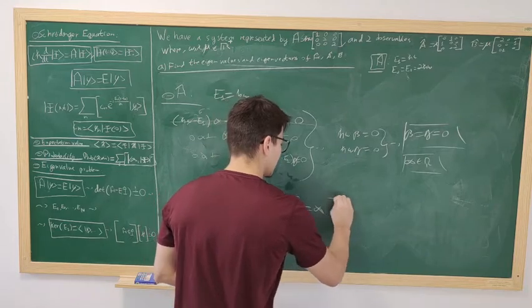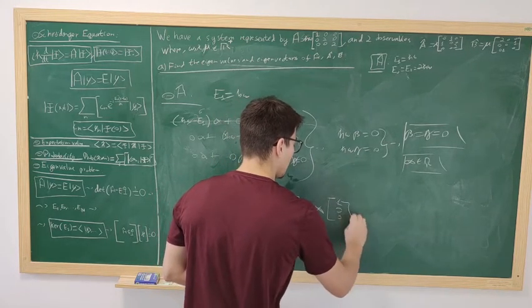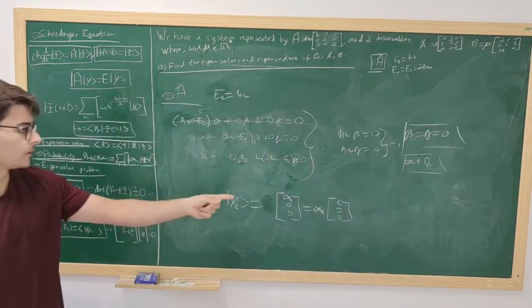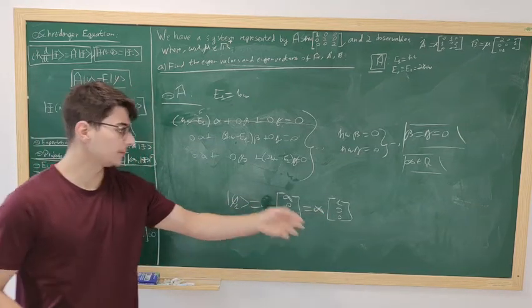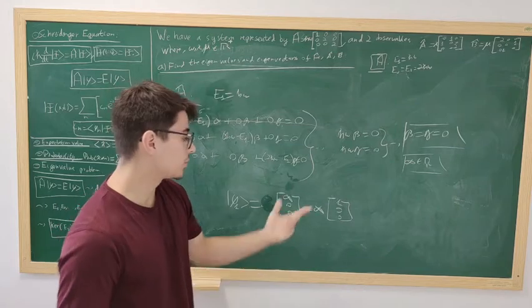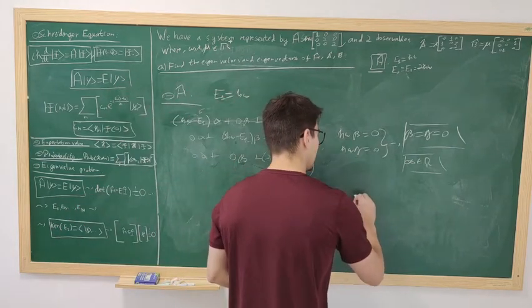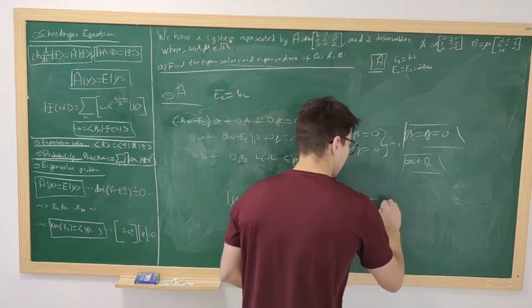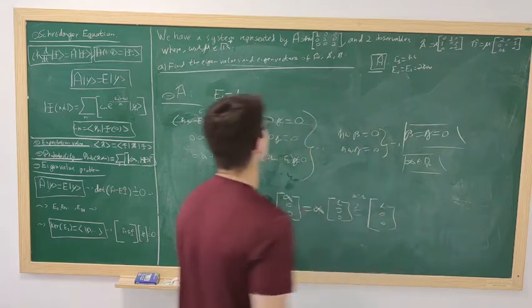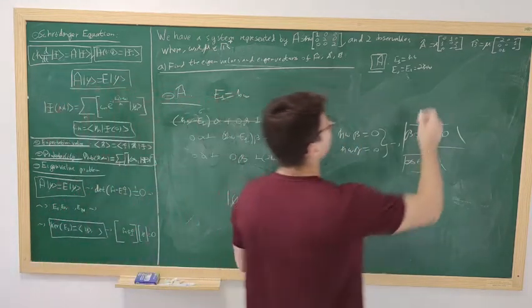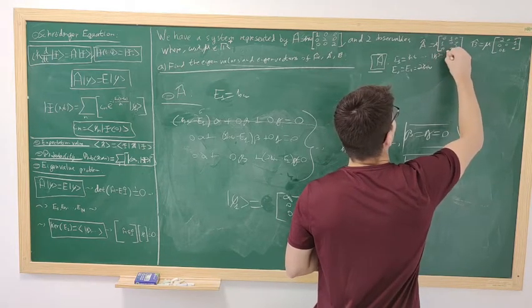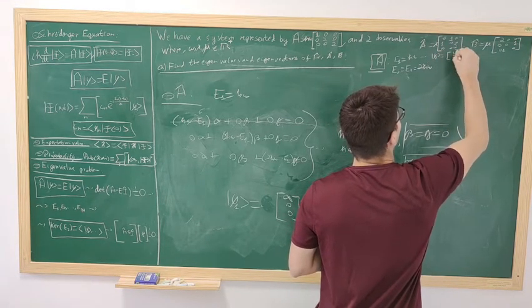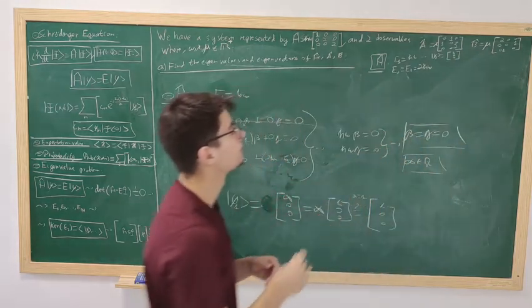We can express this as alpha times 1, 0, 0, and we choose the eigenvector with norm 1. So we choose alpha as 1 and get 1, 0, 0. So our first eigenvector is 1, 0, 0 for H.